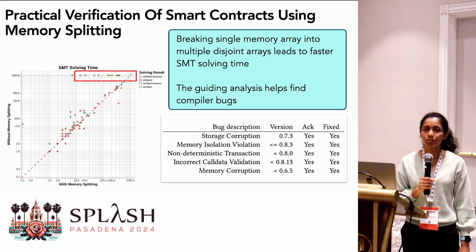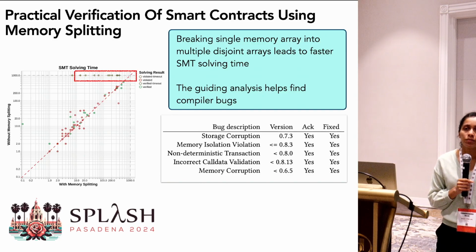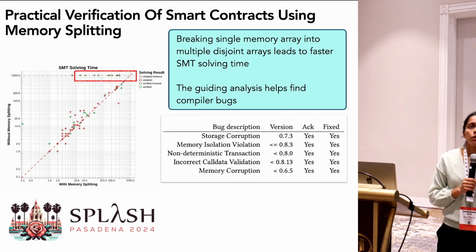So the goal of your analysis is to separate the monolithic memory into different memory objects. Yes. And the reason why it works in C is that if you have a pointer to a specific memory object and you do a buffer overflow, you will not point to another memory object because it will be undefined behavior. And you don't have this property in your virtual machine. So I was wondering how you deal with this issue.